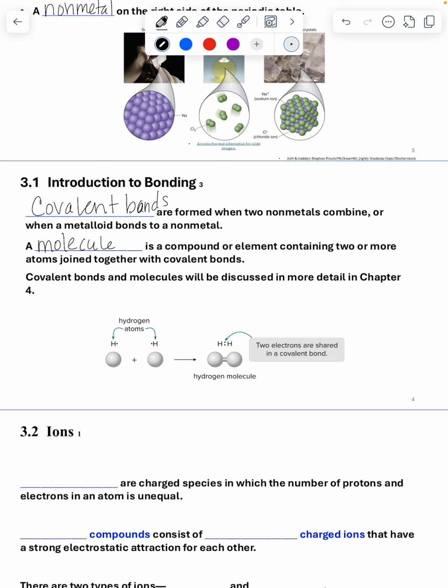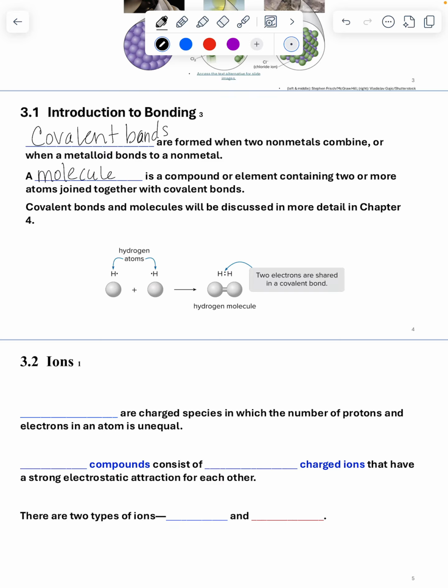A molecule is a compound or an element containing two or more atoms joined together with covalent bonds. So most of the time, when you hear this word molecule, you would think of a covalent compound. And again, these covalent bonds will be discussed more when we get to Unit 4.